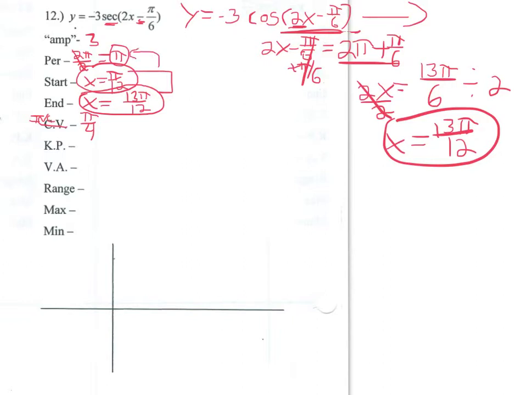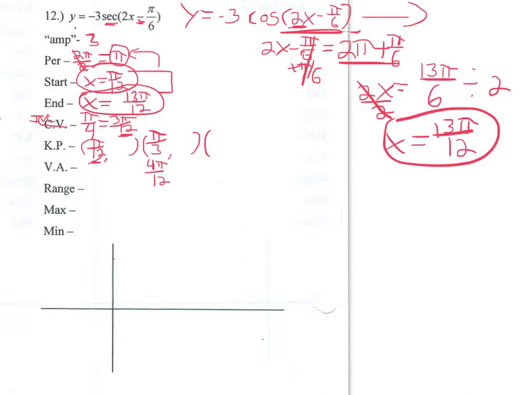Okay, then the key points. I know I'm starting with pi over 12. Pi over 4, there's the increment. This is always the hardest part. We hate dealing with the fractions. If you don't have a calculator, you cannot use that as an excuse. Pi over 4, if you get the same denominator, 12, this is the same as saying 3 pi over 12. So if I add pi over 12 to this 3 pi over 12, you get 4 pi over 12, which reduces to pi over 3.